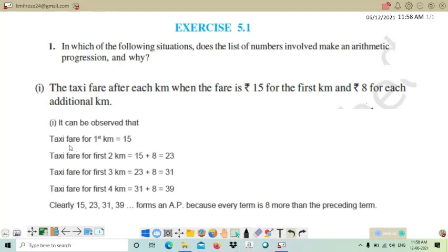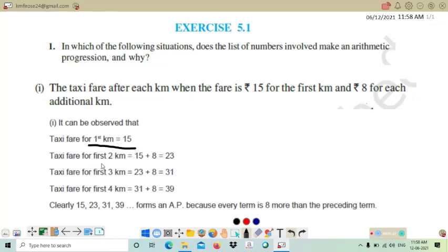What is the taxi fare for the first kilometer? It is rupees 15.